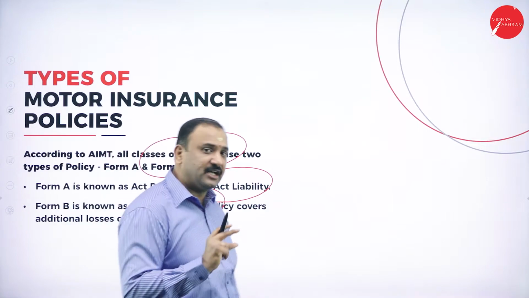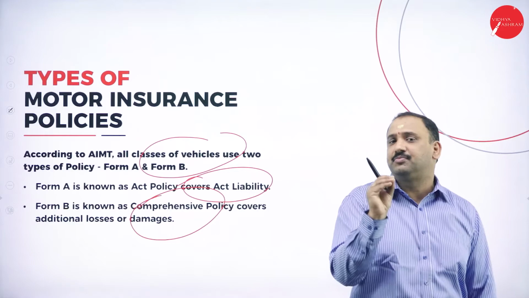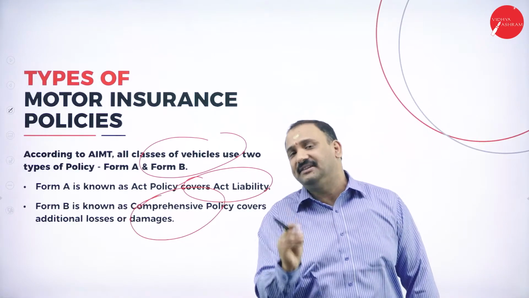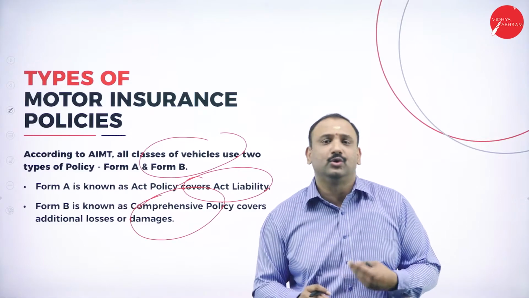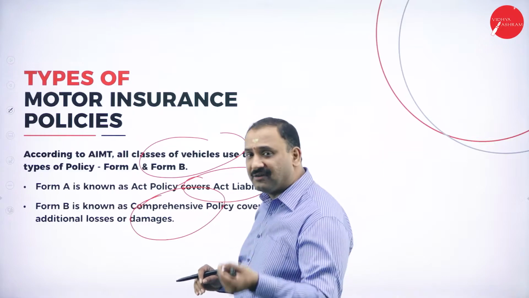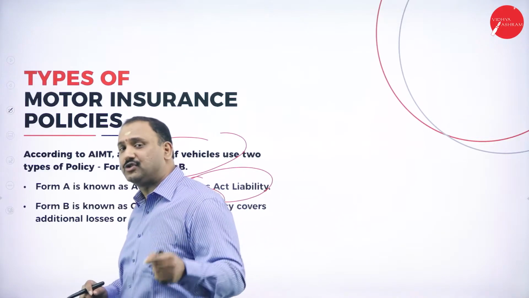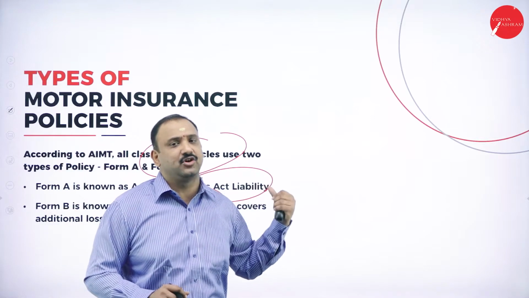Now, what happens here in Form B is that people take additional coverage, because in cases other than an accident, due to some natural act, due to some riots, due to some other fire accident or any other reasons, there needs to be a coverage policy which will cover all these kinds of incidents.